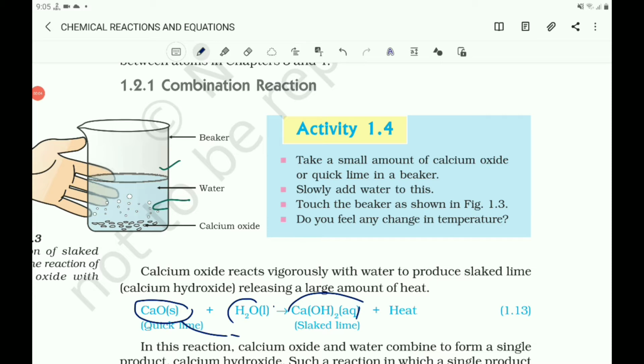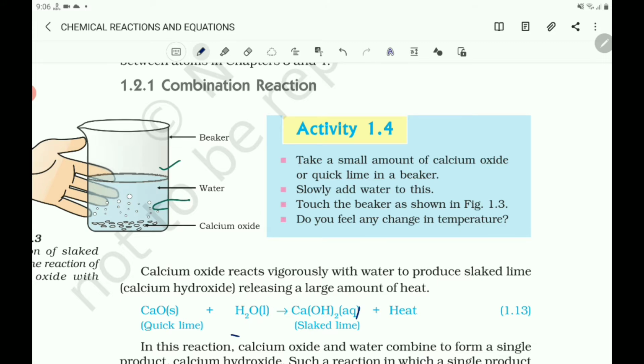Atoms do not disappear from one place and appear from elsewhere. Atoms cannot disappear and they cannot appear from elsewhere. Actually, what happens? Chemical reactions involve the breaking and making of bonds between atoms to produce new substances. The bond which is already there breaks, and a new bond forms, and a new substance also forms.